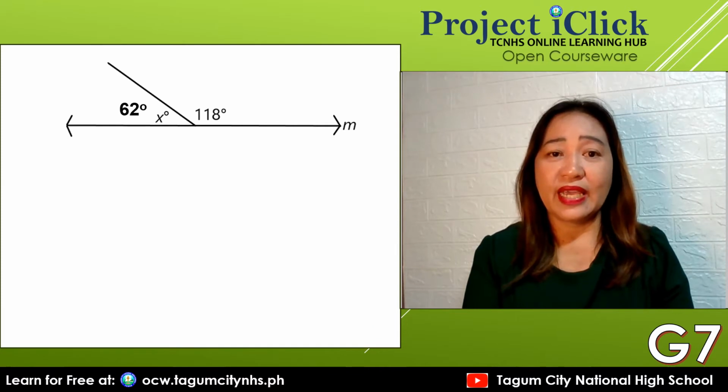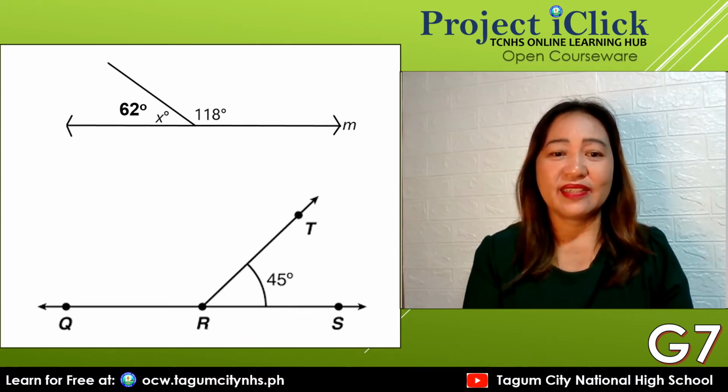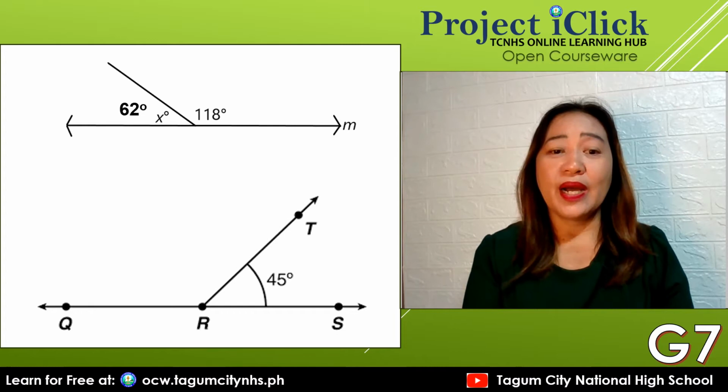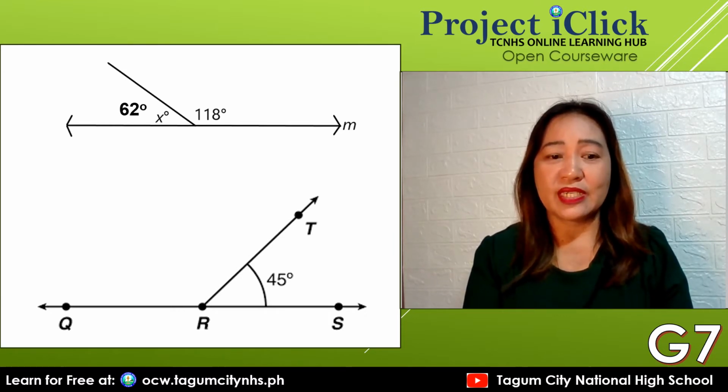Next, we have angle SRT and angle QRT. These two angles are supplementary angles, but only one angle here has a given measure, and that is 45 degrees. So, angle TRS or angle SRT measures 45 degrees.